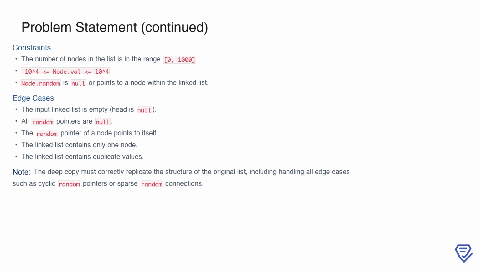Key edge cases include an empty input list, where the output should also be empty, lists where all random pointers are null, which simplifies the copying process, and lists where the random pointer of a node points to itself, introducing a cyclic reference. Additionally, the solution must handle lists with only one node and lists that contain duplicate values. Regardless of the scenario, the deep copy must maintain the exact structure and relationships of the original list, ensuring the new list is entirely independent of the original.